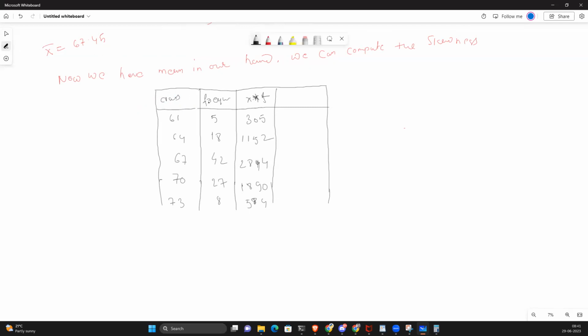I'm going to calculate how much each data point is getting varied, meaning x minus x bar. So what is our x bar? 100, right? So x minus x bar will be what?